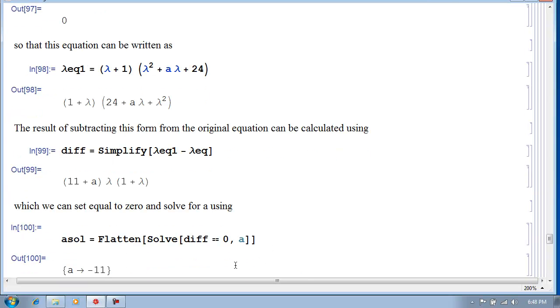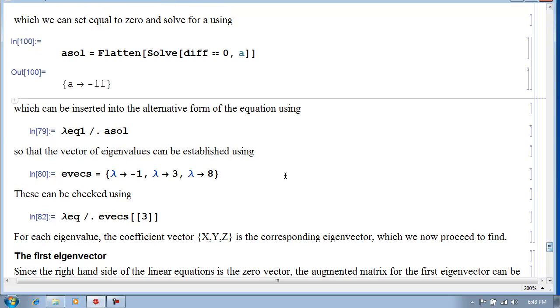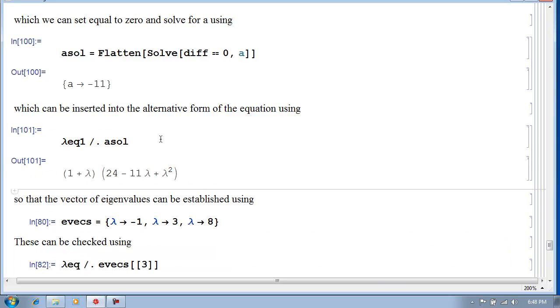The solution lambda equals 0 is not very interesting because it's a constant. So let's take our equation and replace a by its value, and we can see by inspection that the roots or the factors of this are lambda minus 3 and lambda minus 8.